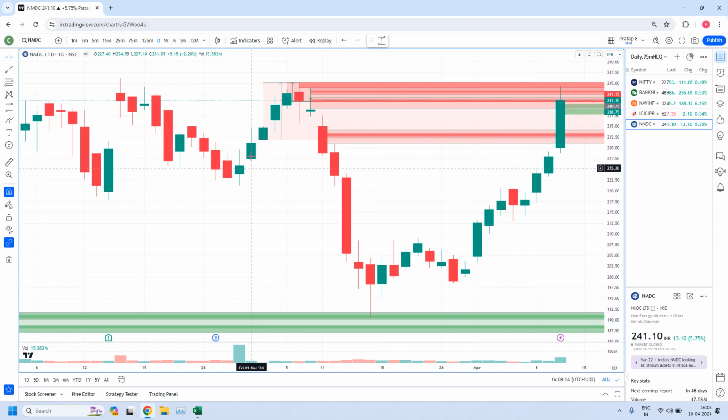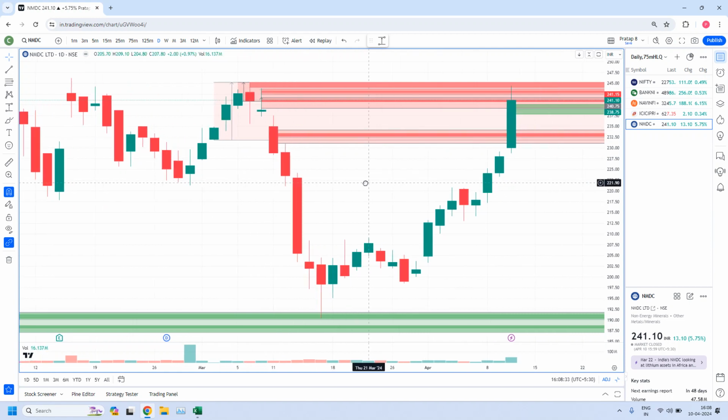We have a rally candle, then 1, 2, 3, 4, 5 drop base candles, and then we have a drop candle with hidden body. So this is what we discussed, what we identified yesterday.